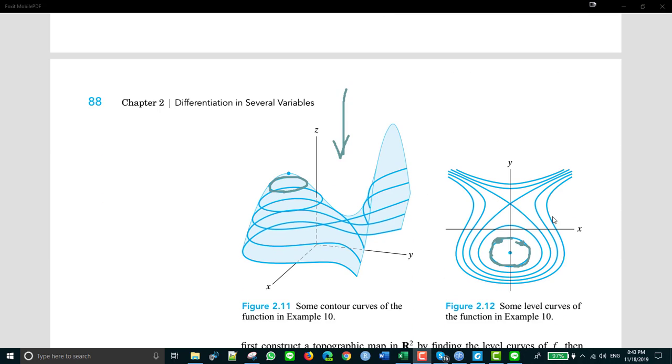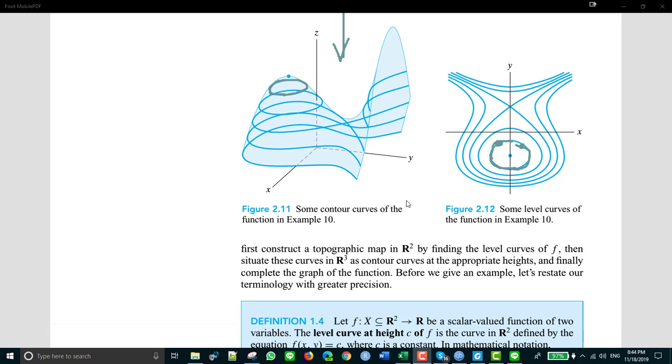So if you have this, maybe you could draw this curve. Personally, I think it would be hard to do, but I guess you could do it. So if you had this, you might be able to replicate this surface. So the idea would be first to construct a topographic map in R2 like this by finding the level curve somehow.